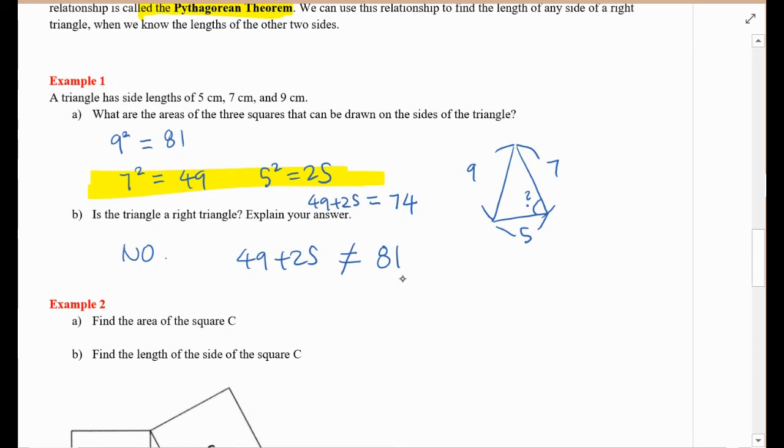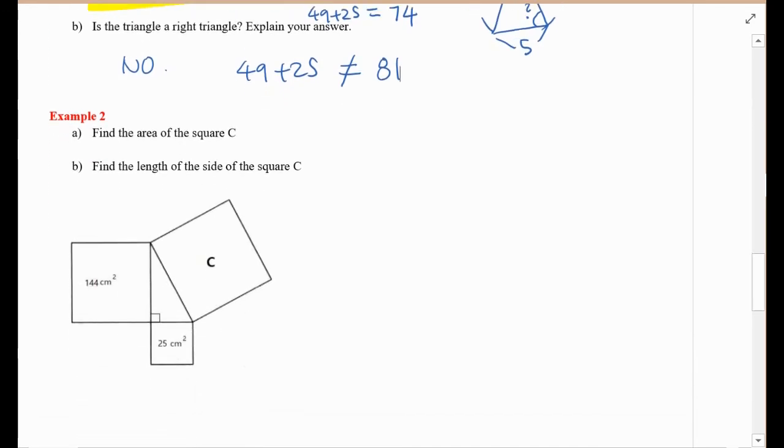All right. Example 2. Find the area of the square C. We know the areas of the squares attached to the two legs, and this is the hypotenuse. When you solve this kind of problem, I always want you to highlight the hypotenuse.